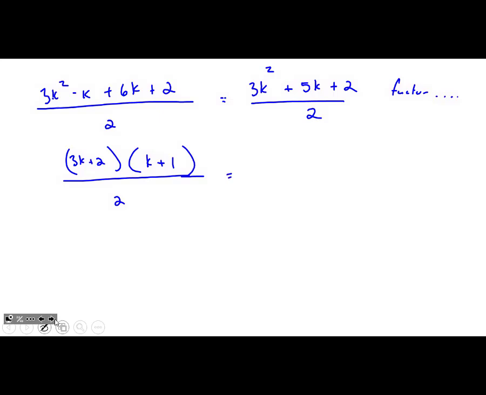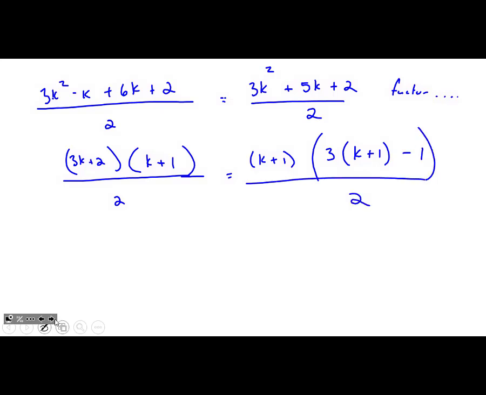Which, if we notice, I can rewrite as k plus 1 times 3 times k plus 1 minus 1 over 2. This 3k plus 2 is the same as this right here, okay? Which proves the result.